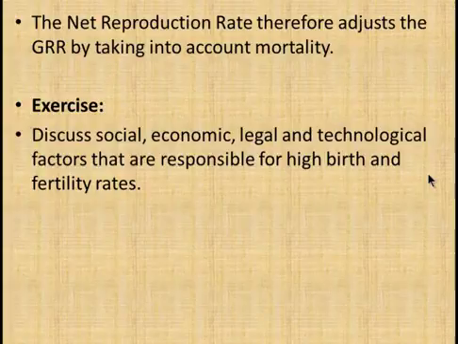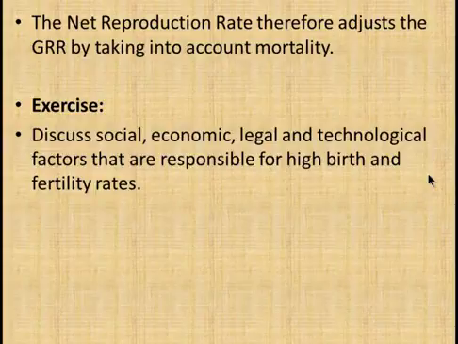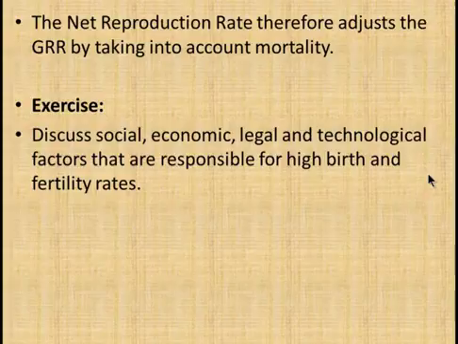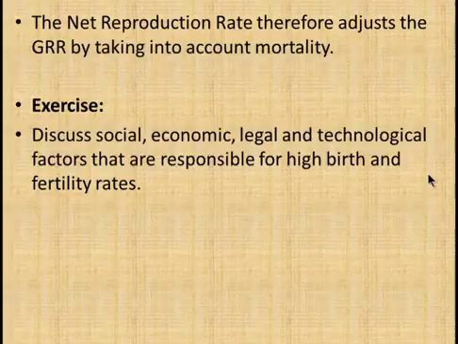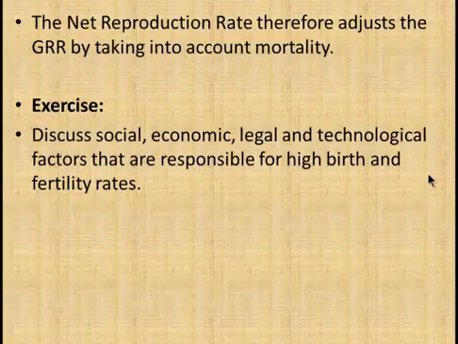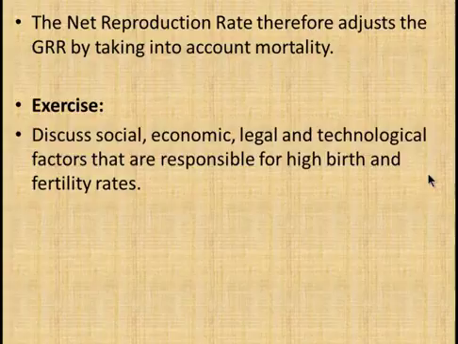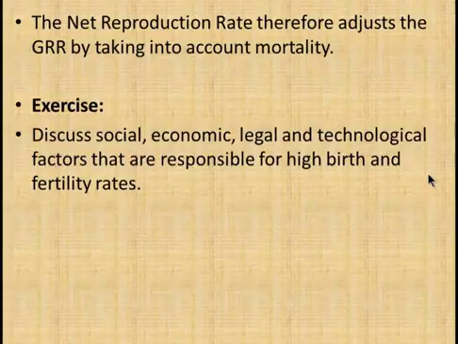So, in an essay form, discuss these factors that are responsible for high birth and fertility rates. And just for argument's sake, here in Africa, we have a social factor, that of cultural.